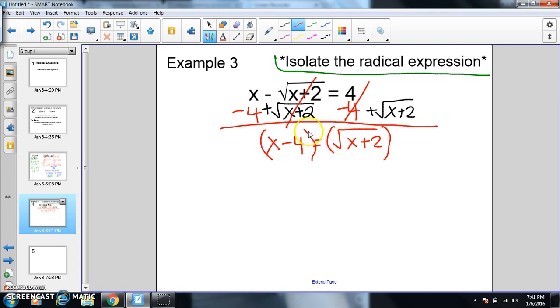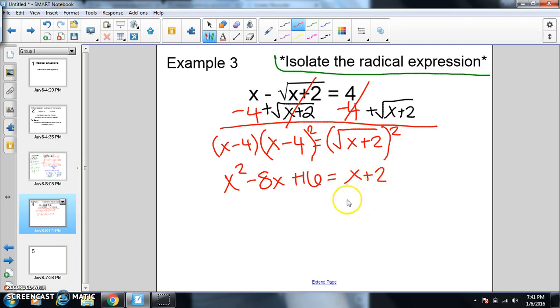The power is 2, so I'm squaring both sides. On the left, this is once again when we FOIL x minus 4 times x minus 4, so I'm left with x squared minus 4x, which is minus 8x, plus 16 is equal to x plus 2.